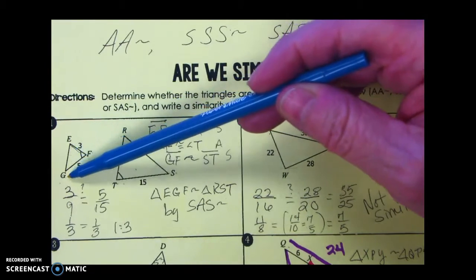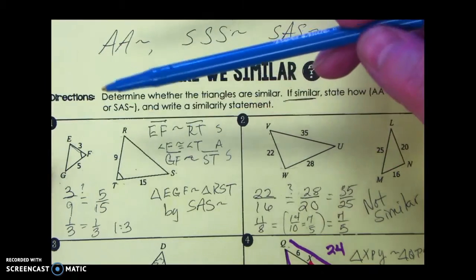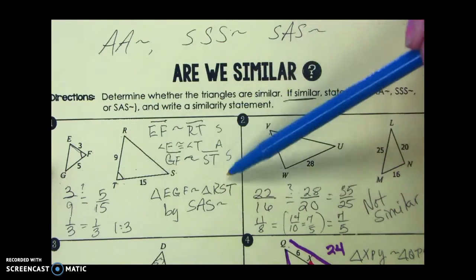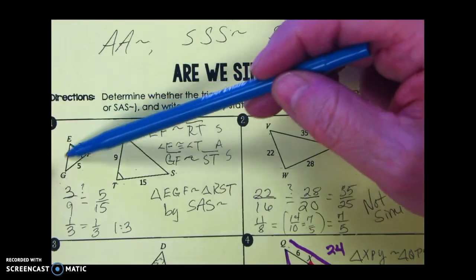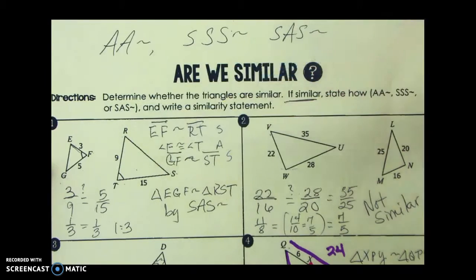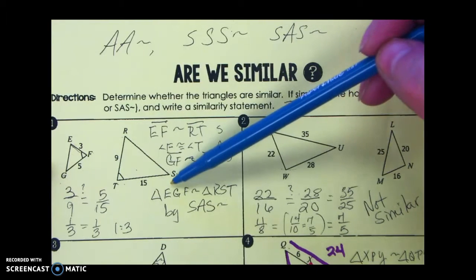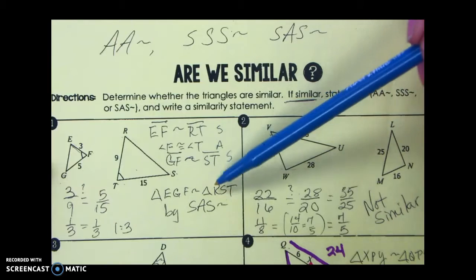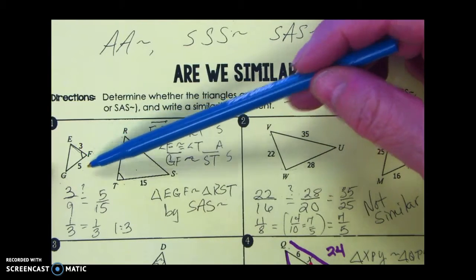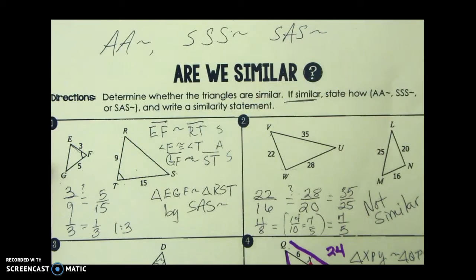So I went E, G, F. And I'm going to do the same here. R, S, T. So I've got to follow the same order here that I follow here. So triangle EGF is similar to triangle RST by side, angle, side. And the side, angle, side there.